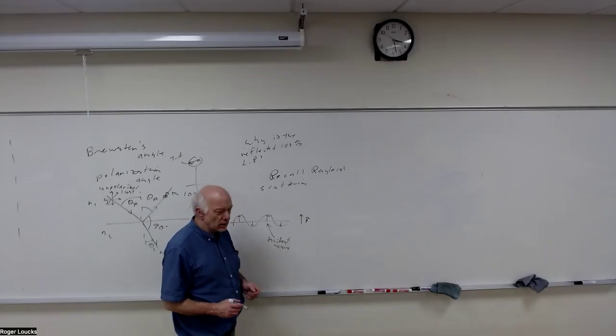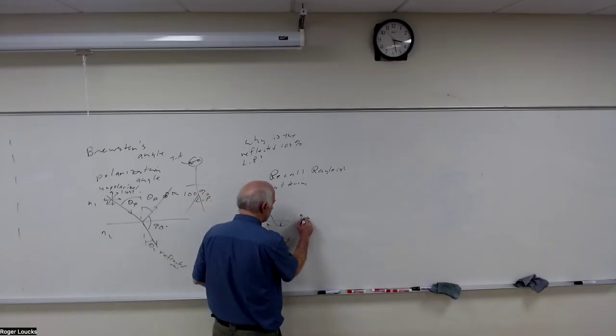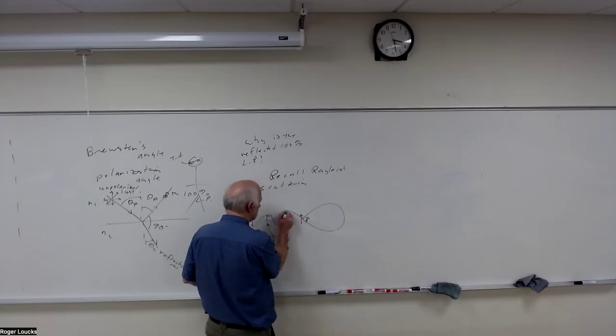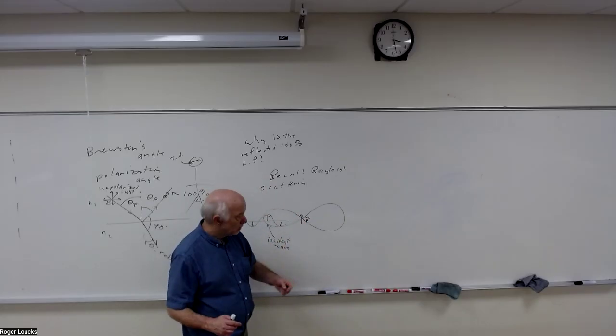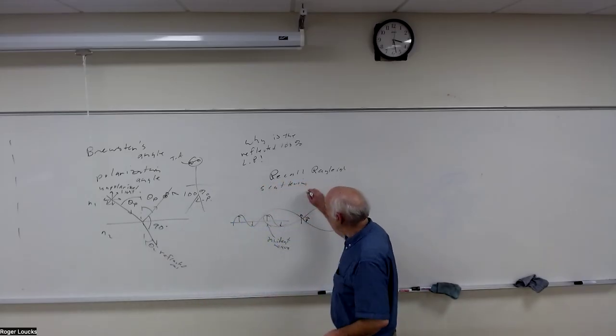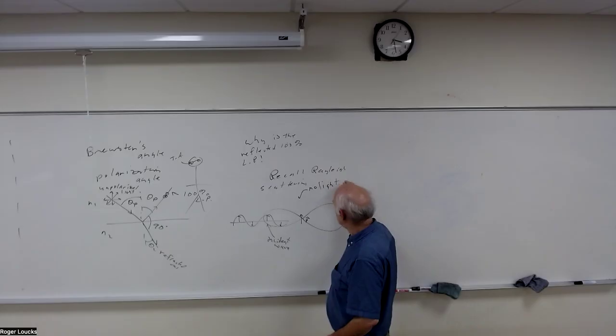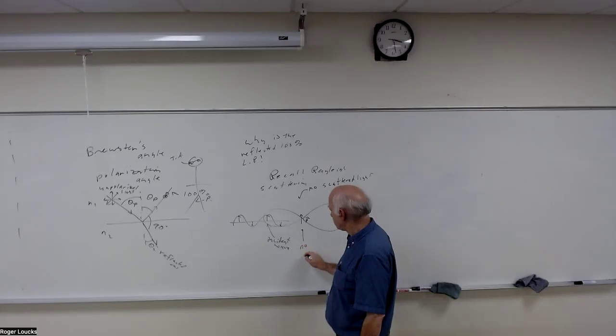If you look at the intensity, take this dumbbell and rotate it around. What did we say? We have no scattered light along the axis of the dipole, here and also down below.